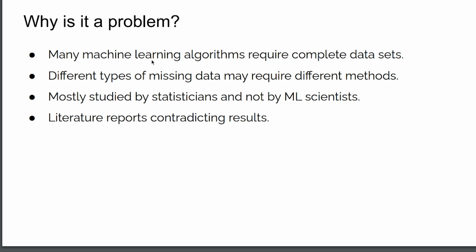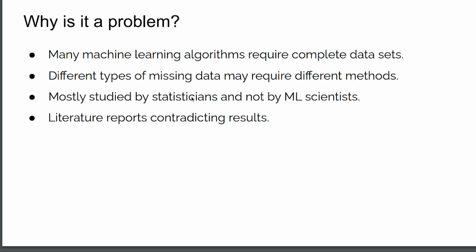Second of all, different types of missing data, and we will see the three types of missing data really soon, may require different imputation methods for accurate imputation and maximization of performance. This is very important. Third, the field of missing data has been mostly studied by statisticians.